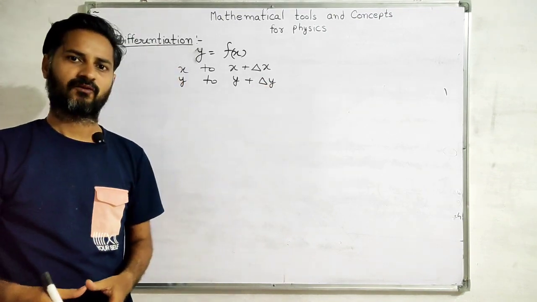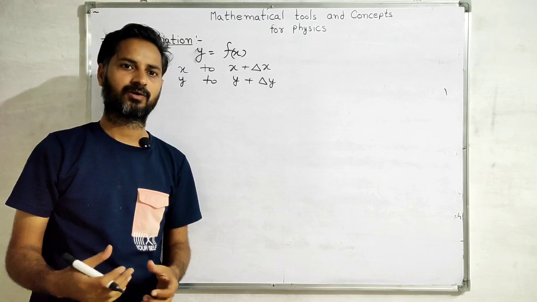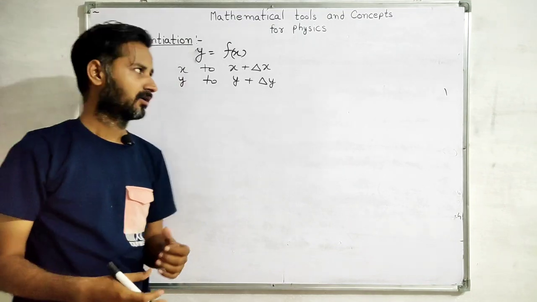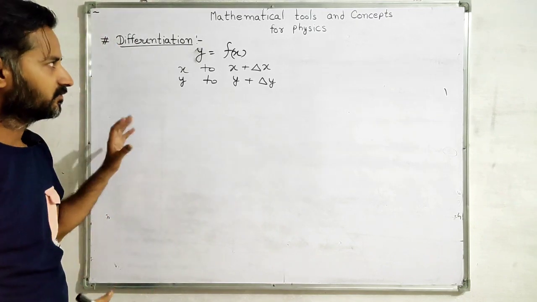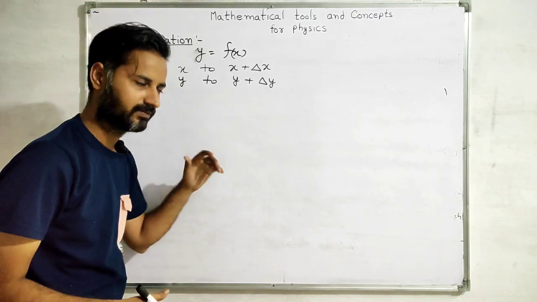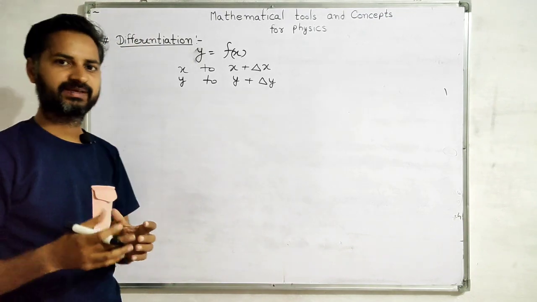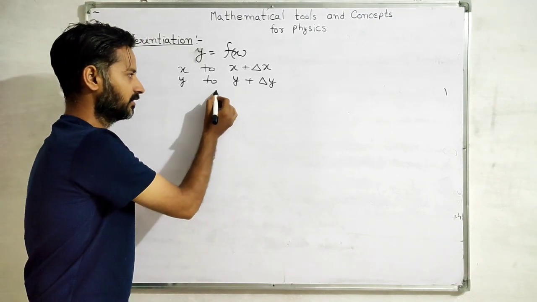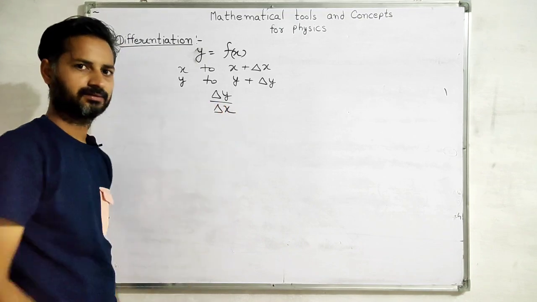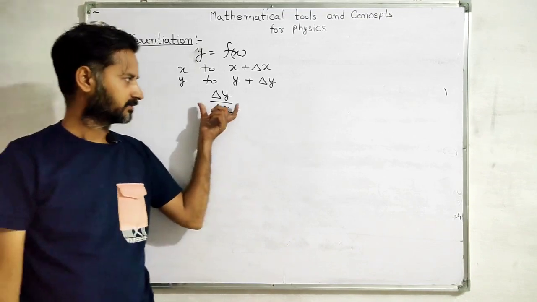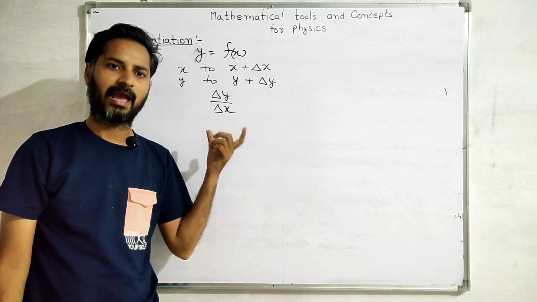In this case, we can find the rate of change of y with respect to x, which can be denoted as delta y divided by delta x. But this rate of change is an average value.